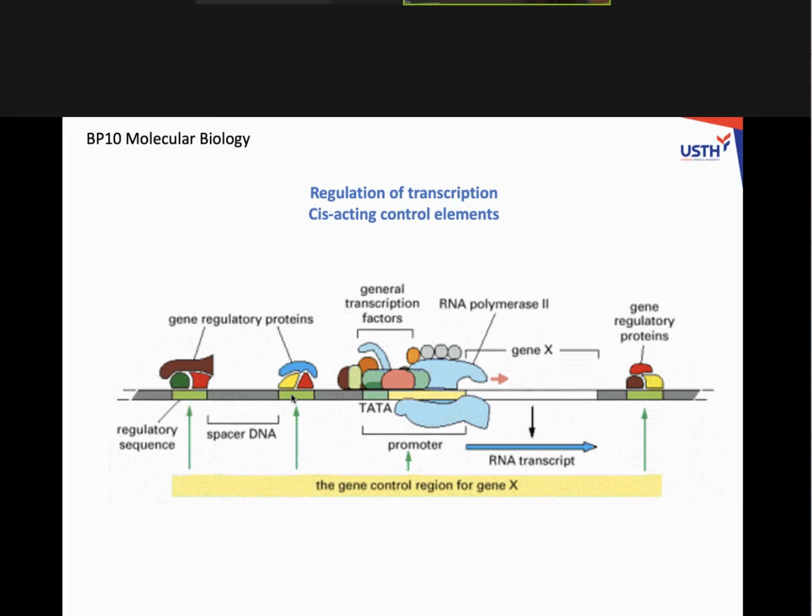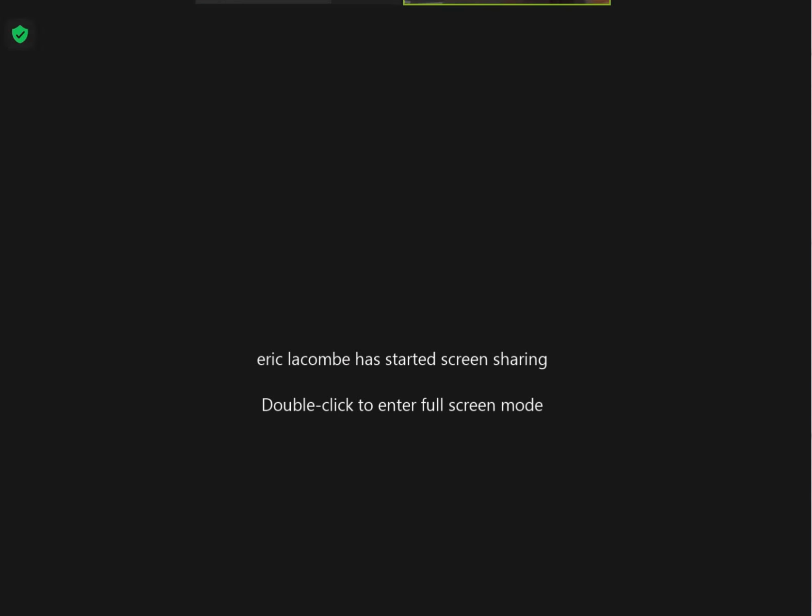And there was an extremely clever analysis of the distance of this regulatory sequence relative to the TATA box. What is the importance of the distance? Before we go on, I shift to show you something different.